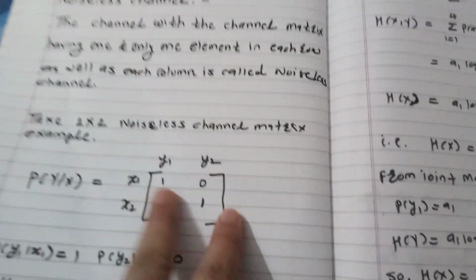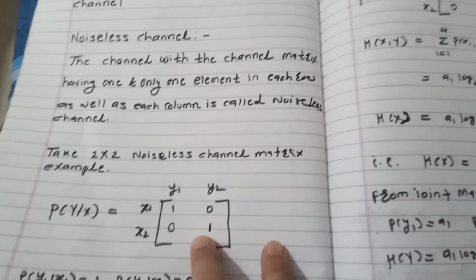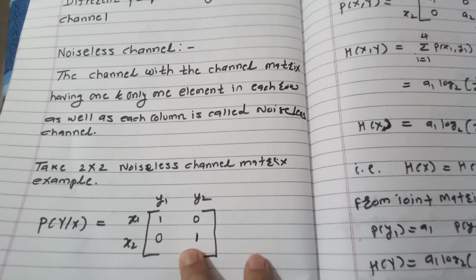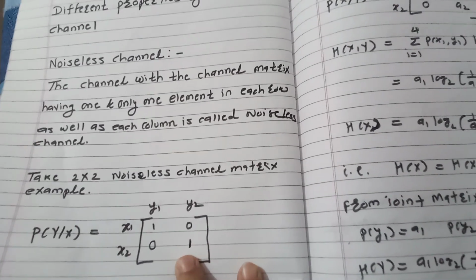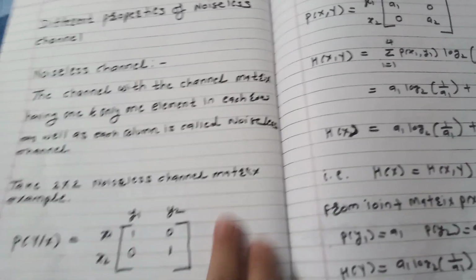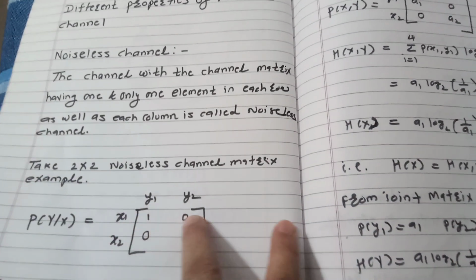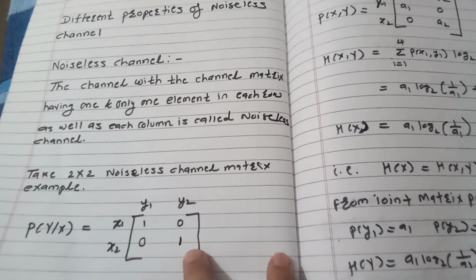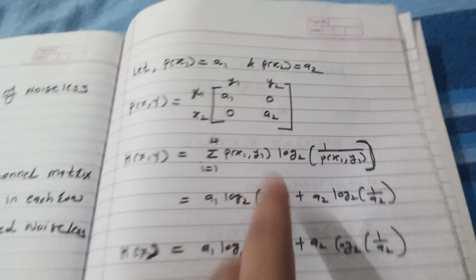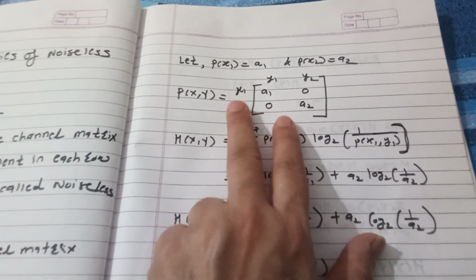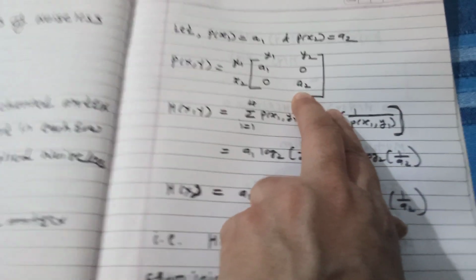You have to multiply this row with P(x1) and this row with P(x2). That we have already discussed in the video. So the joint matrix is obtained by multiplying this row with P(x1) and this row with P(x2). So here it is 1 into A1 is A1 and 1 into A2 is A2.